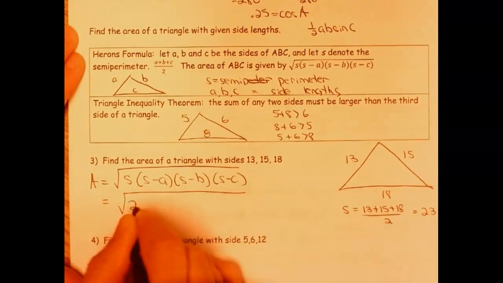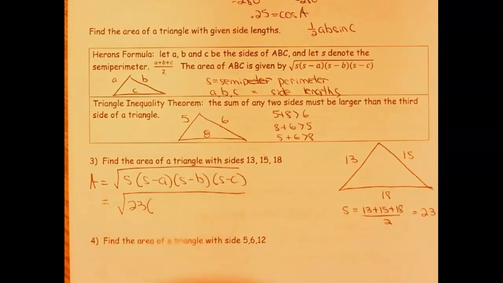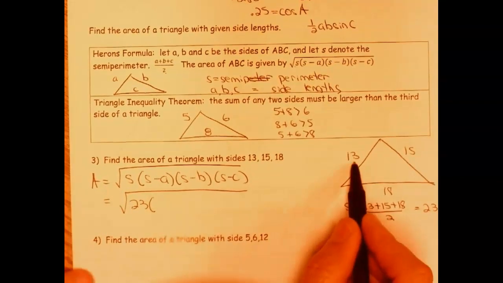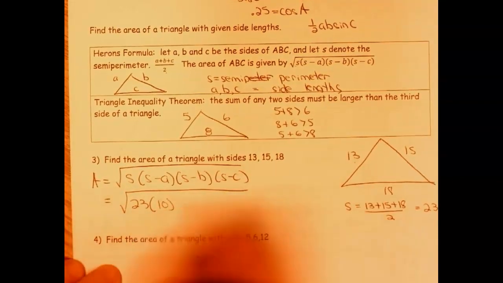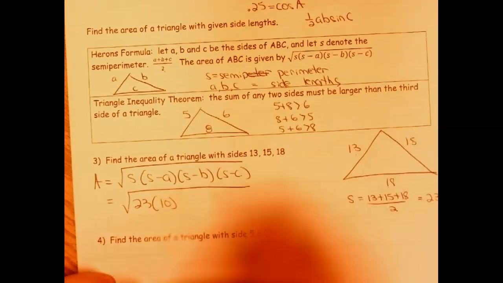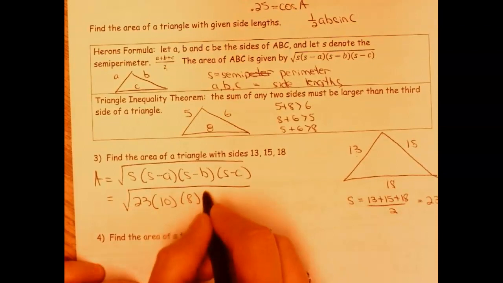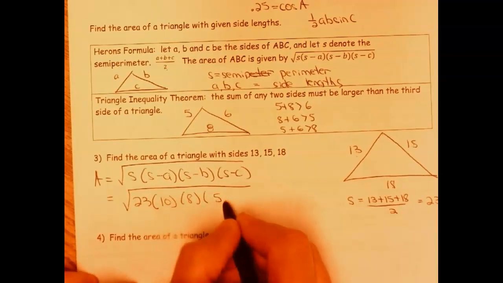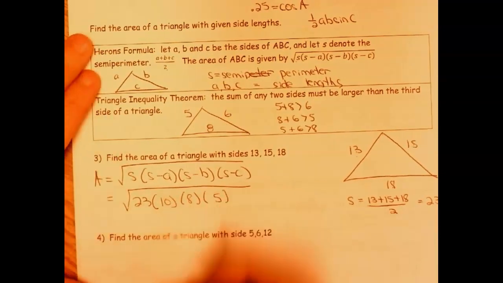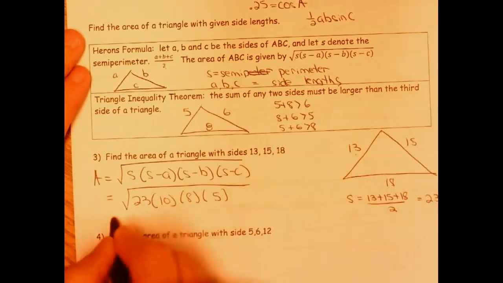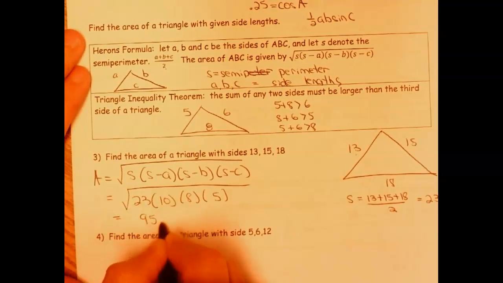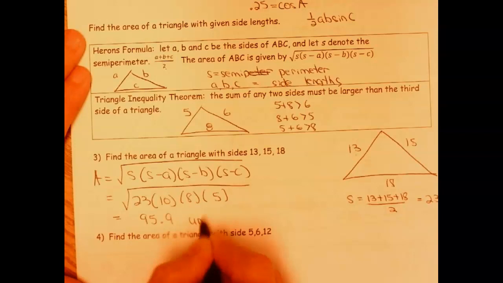Our semi-perimeter was 23. Let's try and do a little bit of math in our head. 23 minus 13 would be 10. 23 minus 15 would be 8. 23 minus 18 would be 5. Plugging that in and taking the square root, I get 95.9 units squared.